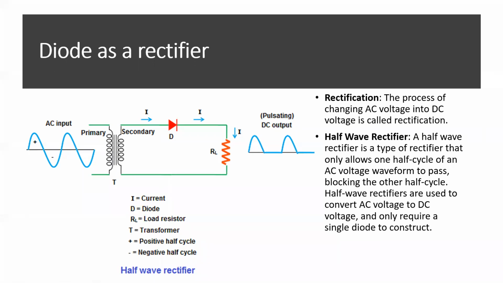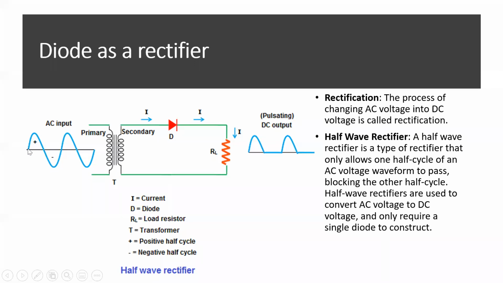Alternating current means a current which changes its direction. So if a current is going in this direction once, then after a fraction of a second, it will go in the opposite direction. Again in this direction, again in the opposite direction.